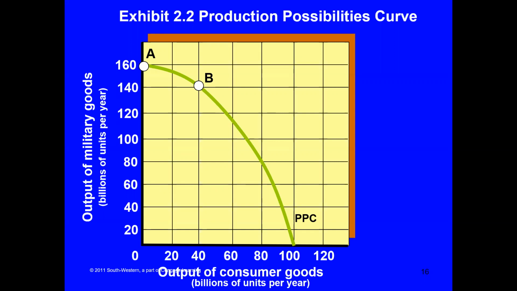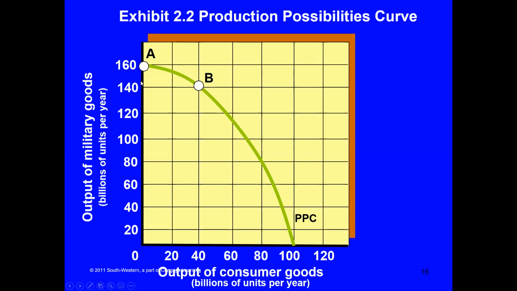And look, in order to gain 40 billion units of consumer goods at point B, we're going to have to sacrifice. We go from 160 billion to 140 billion. So we sacrifice 20 billion military goods to gain 40 billion units of consumer goods.